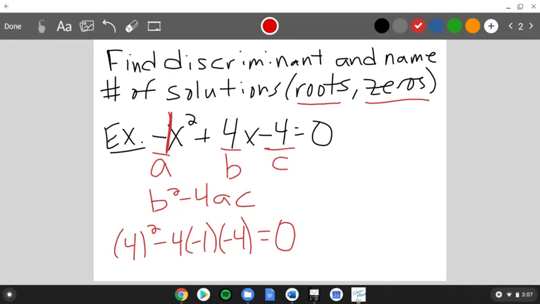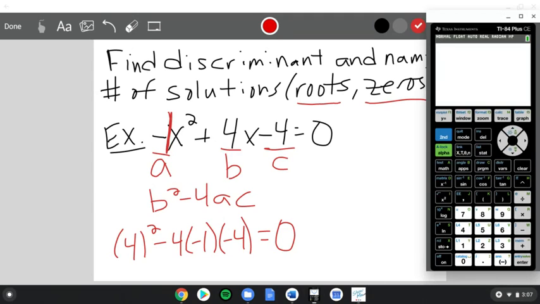Now, how does that tell us how many solutions we have? So if we look at the graph of this, negative x squared plus 4x minus 4, we can see that the vertex is sitting on the x-axis.